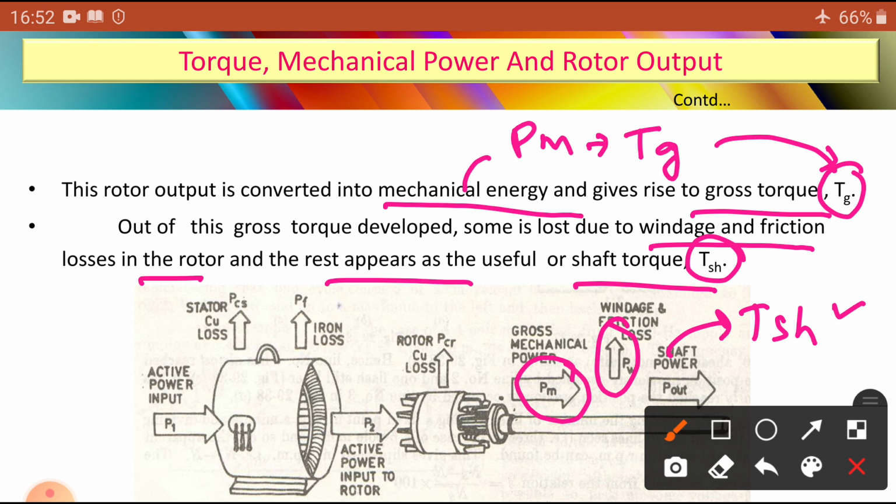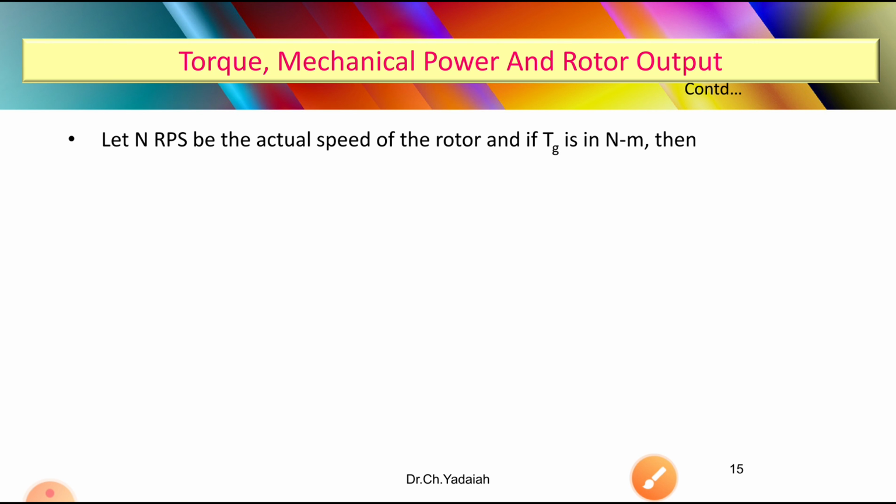Now, let N in RPS be the actual speed of the rotor, and Tg the gross torque, always in Newton meter. Let us write one equation.